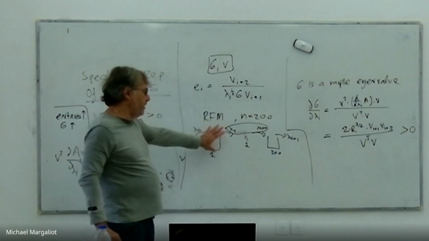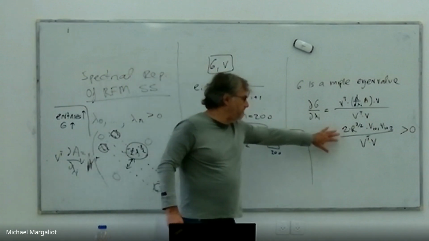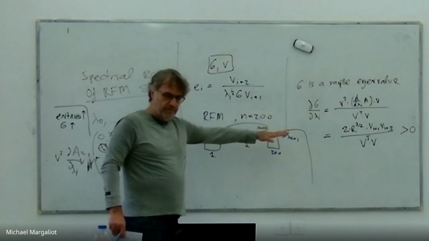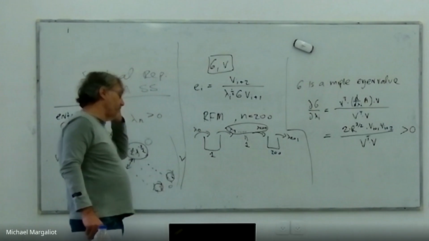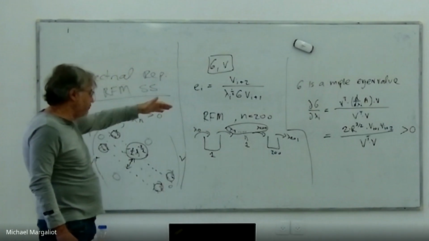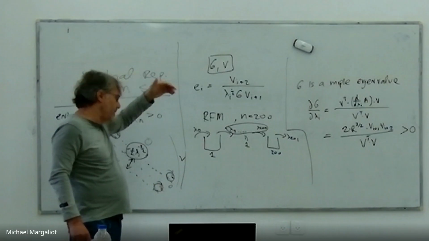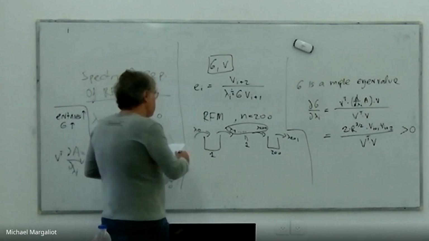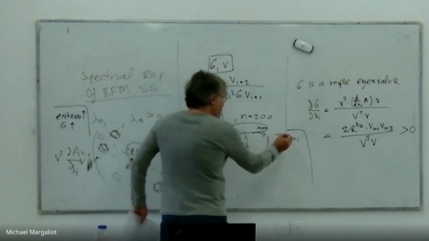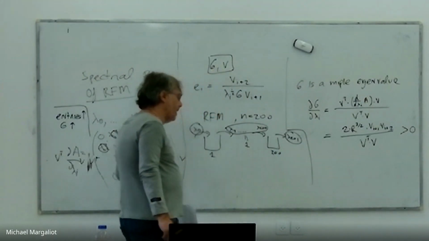I don't have to do that. This equation is valid for any lambda i's that you give me. This will always be valid. But just for the sake of the example, I assume that all the internal rates are equal. But I play with the values of lambda 0 and lambda n.